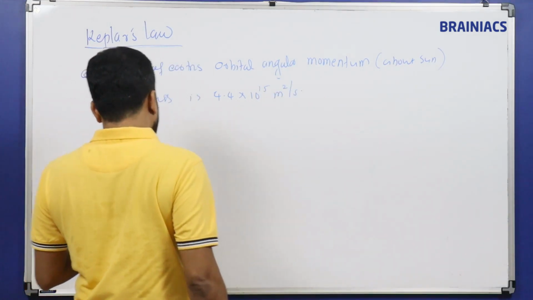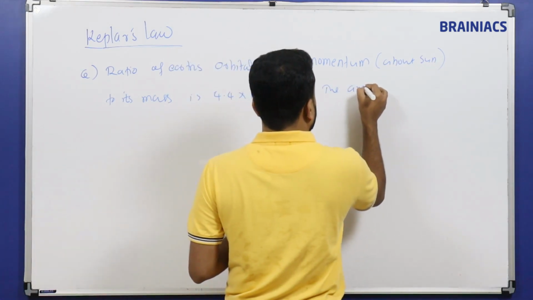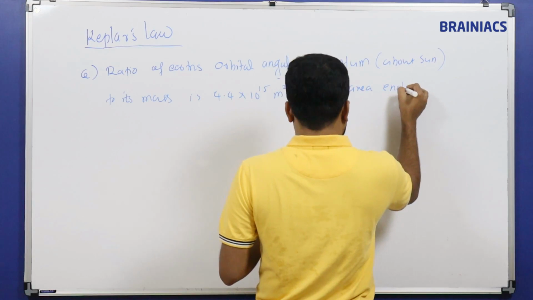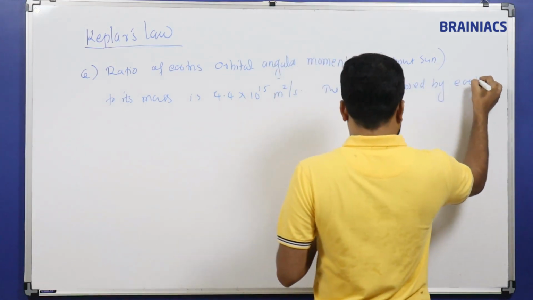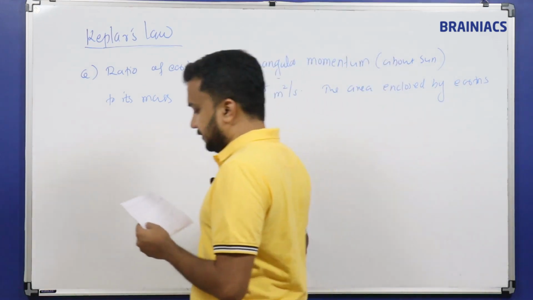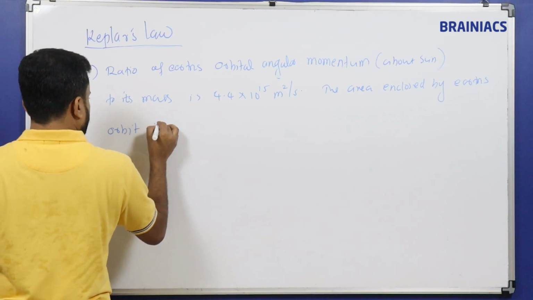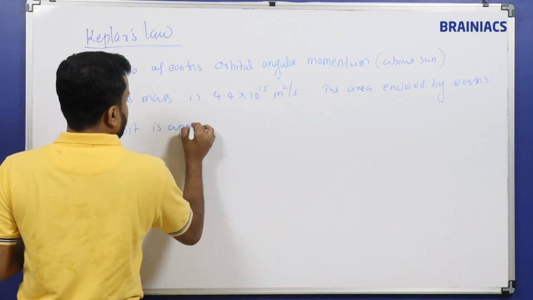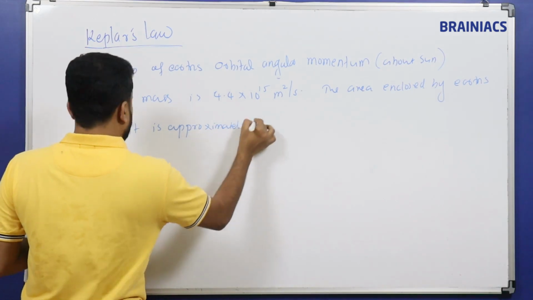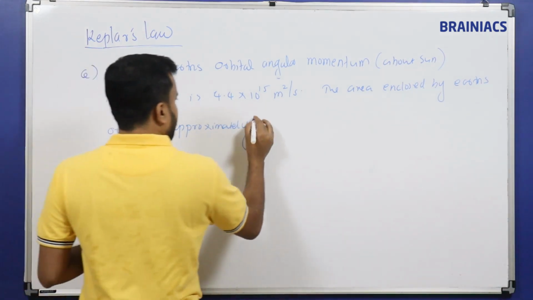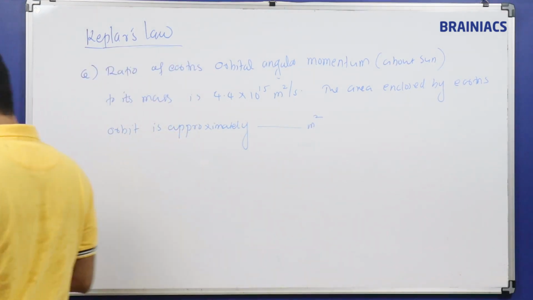The area enclosed by Earth's orbit is approximately dash meter square.